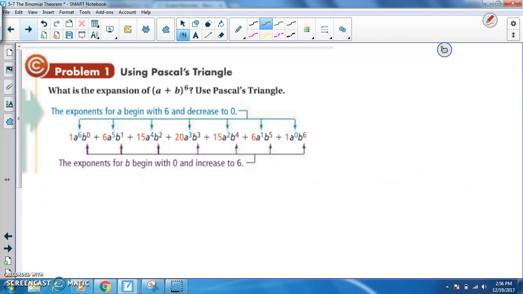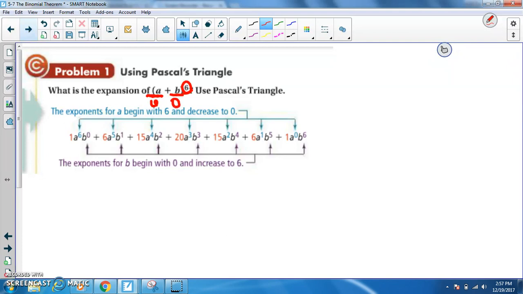So using Pascal's triangle, what is the expansion of a plus b to the 6th power? In order to use Pascal's triangle, we are going to use the coefficients from row 6. Then we are going to take a and start it at power 6, going down. And we're going to take b and start it at power 0, going up.